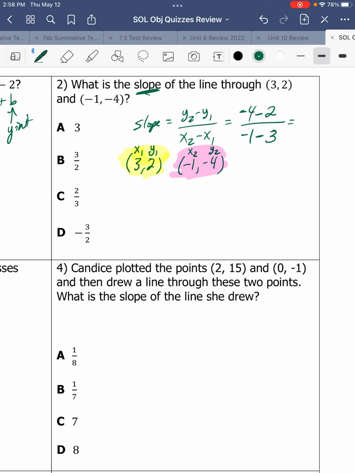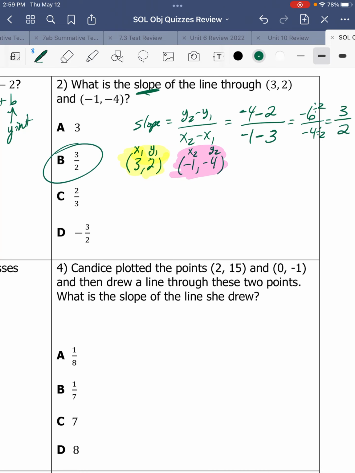I think I said that wrong. Negative 4 minus 2 is negative 6. Negative 1 minus 3 is negative 4. Negative 6 divided by negative 4, if you simplify that, two negatives is a positive, and 6 divided by 2 and 4 divided by 2, reducing that down, is 3 over 2.